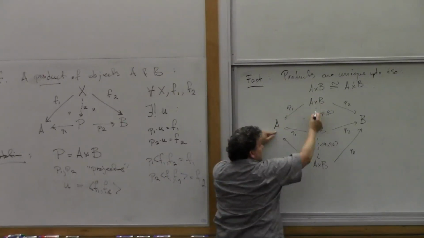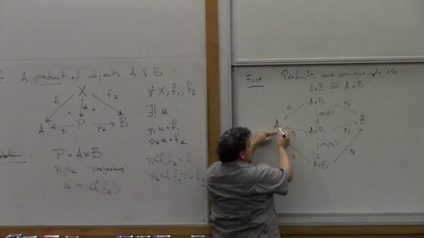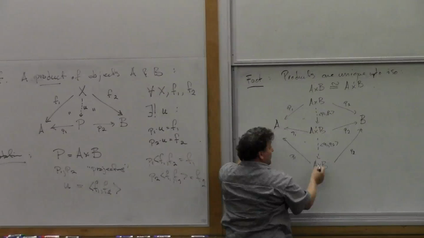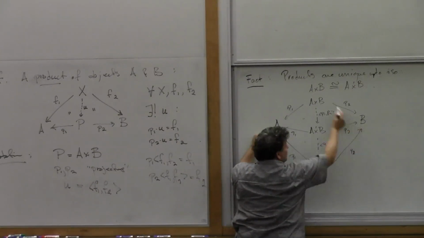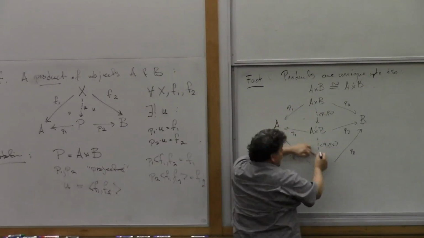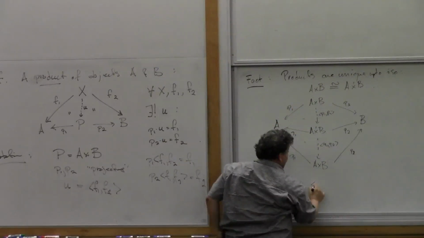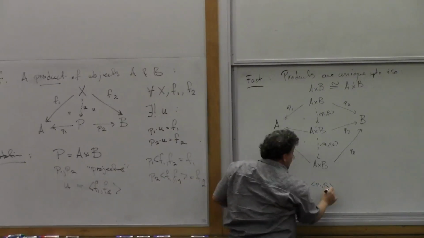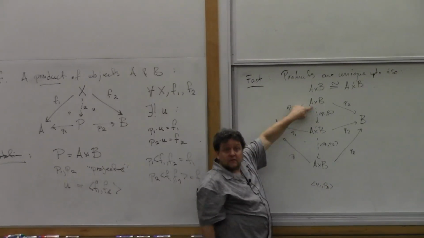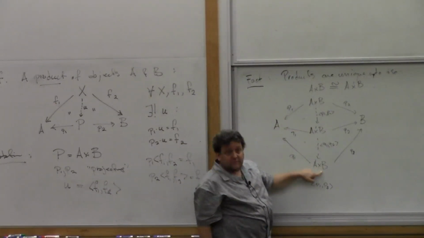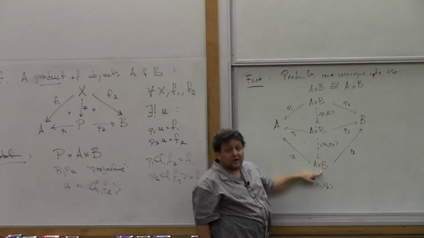So the whole thing composed with P1 is P1. And similarly over on this side, the whole thing composed with P2 is just P2. And so the whole map coming all the way down here is just the pair ⟨P1, P2⟩ on A × B. However, the identity map from A × B to itself also has that property.